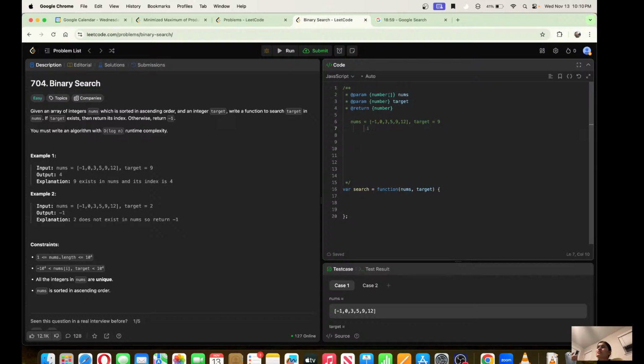To find out if a number exists or not, I don't have to look at all the numbers. I can just look at the middle number first, and then see if it is greater than the target, and see which side it might be on.